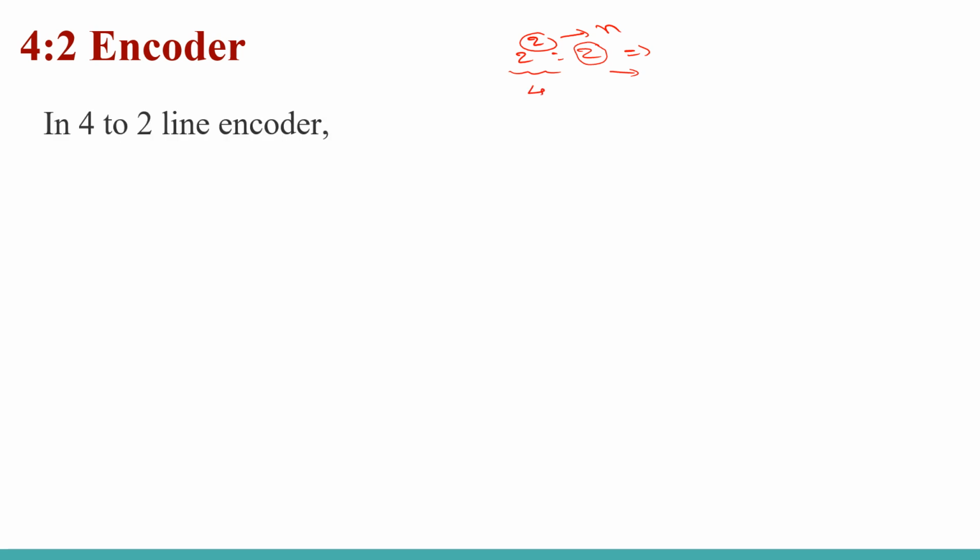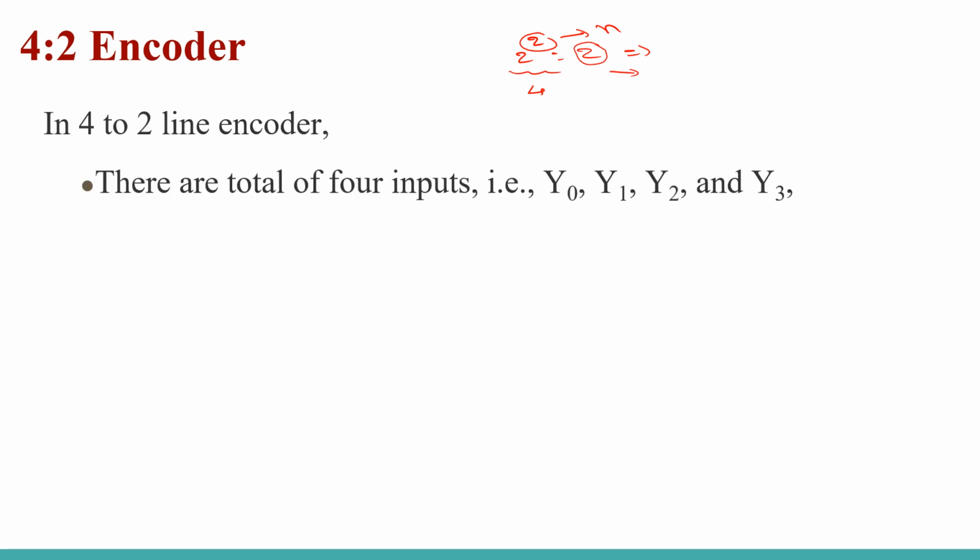In the 4:2 encoder there are a total of 4 inputs, those are y0, y1, y2, y3, and 2 outputs, those are a0, a1.